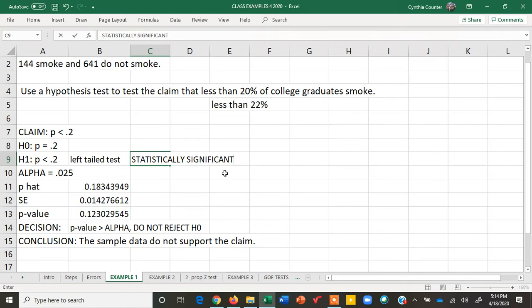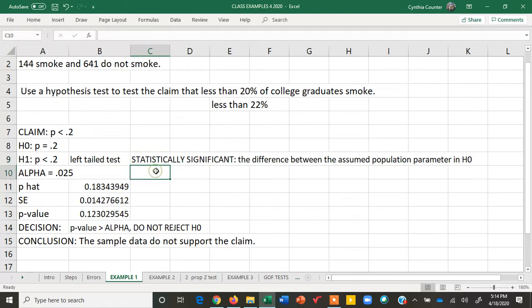All right, so statistically significant, the difference between the assumed population parameter in H0 and the sample statistic is significantly, in this case less than, great enough to not likely have been the result of random error.